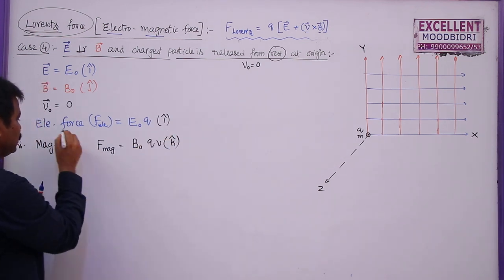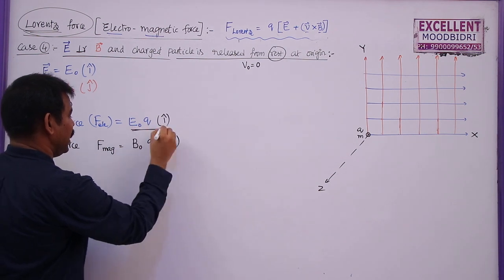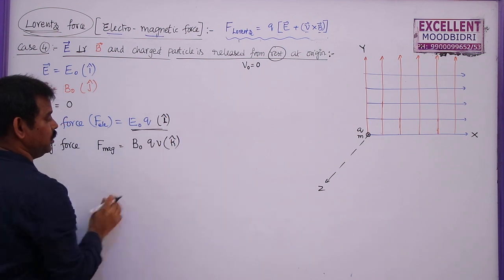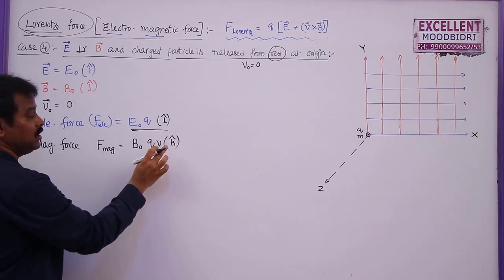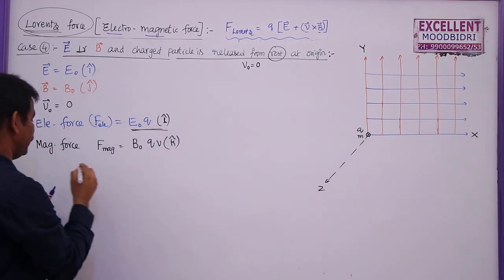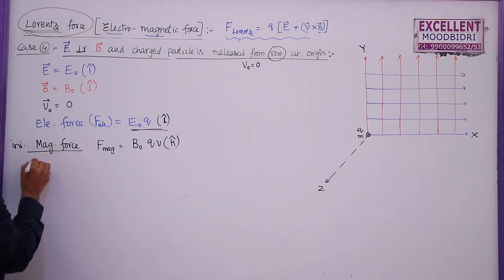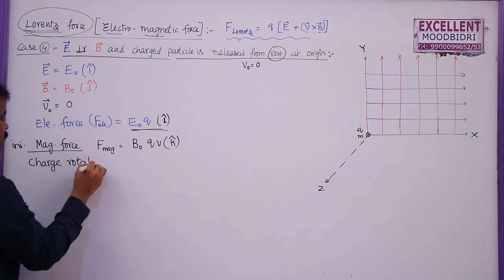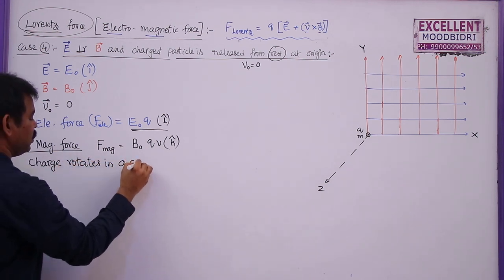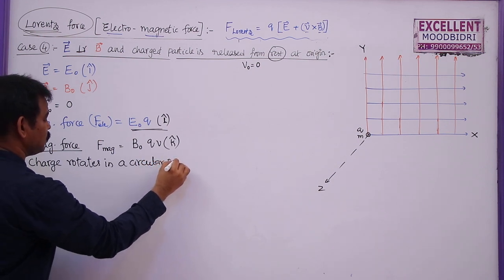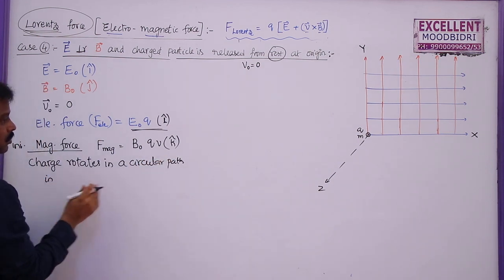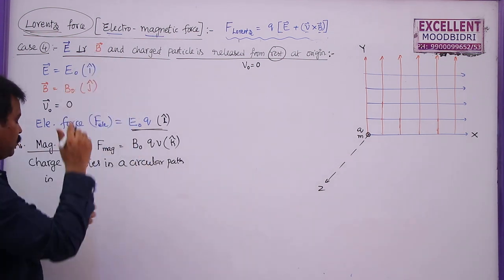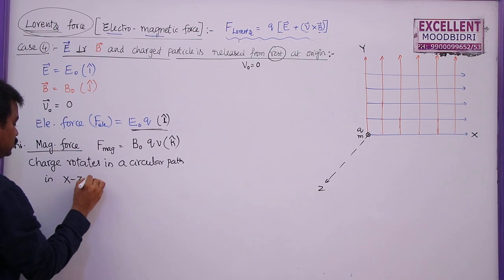Due to the electric force it will have this much force and the velocity will be along x axis only, and due to the magnetic force it will try to move only in the xz plane. That means due to the magnetic force, the charge rotates in a circular path in the xz plane. Always the plane of the circular path is perpendicular to the magnetic field. So this is in the xz plane.